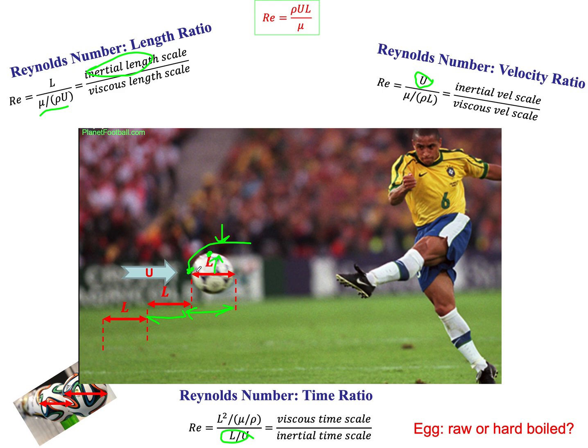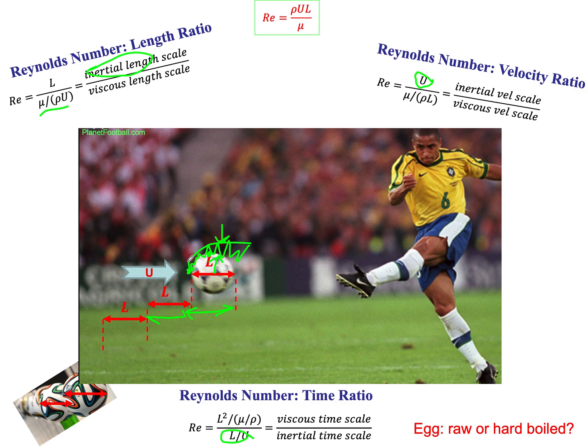The region of effect of the no-slip condition is almost zero towards the left part of the ball, what we call the leading edge. And as you move further downstream, that effect starts growing larger and larger.